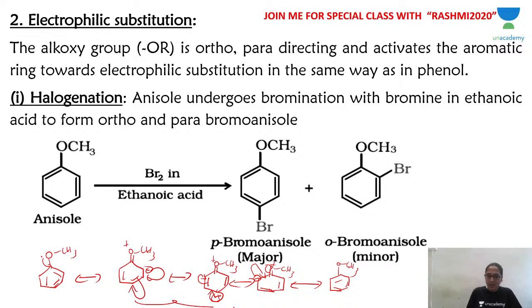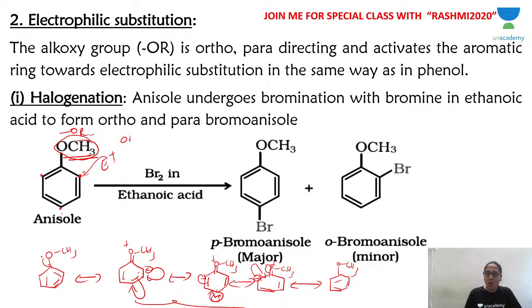So if you look at the canonical structures, the ortho, para, ortho positions are electron rich. So when an electrophile approaches anisole, the ortho and para positions are comparatively electron rich. So the electrophile will be directed by OCH3 to the ortho and para positions. We call OCH3, or OR in general, the alkoxy group.